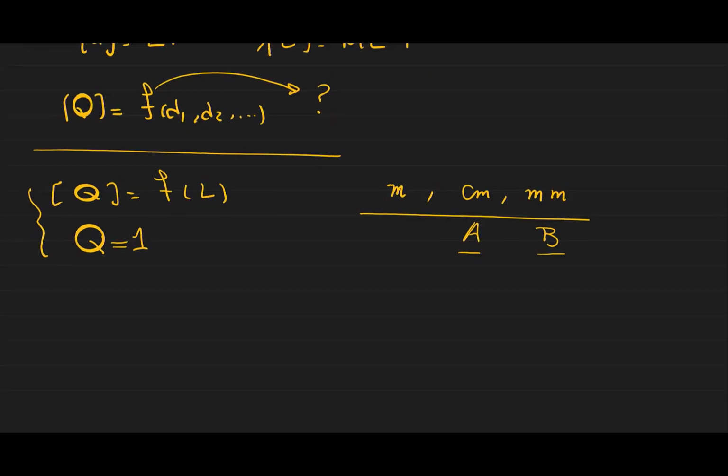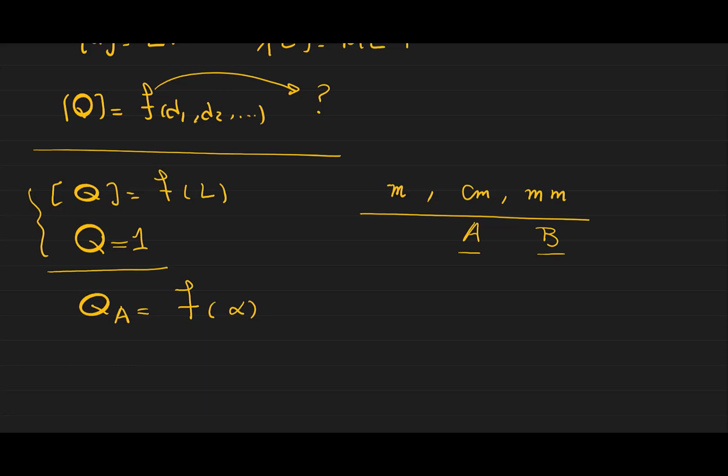In the original system, its value is 1. In the system A, it's 1 times f of, in this case, 100, but in the general case, we assume it's alpha.